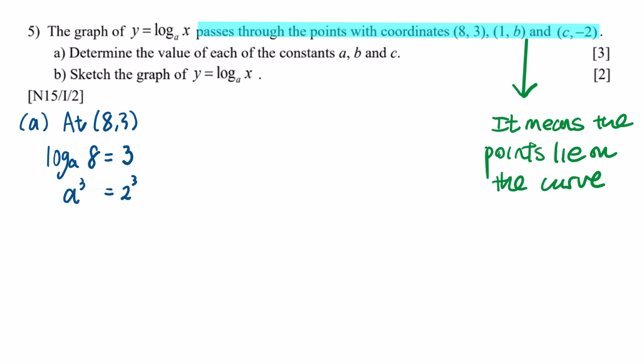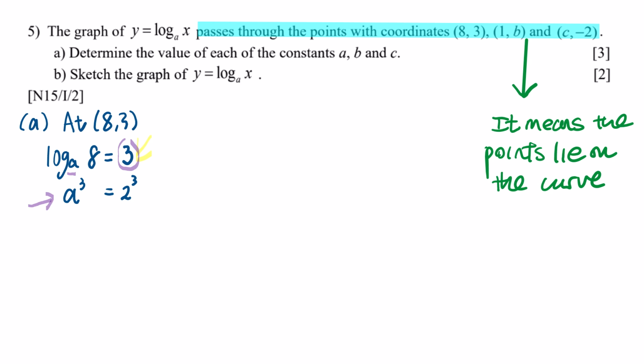Alright, how do I get that? So this is called the logarithmic form, and I can actually convert the logarithmic form into index form. First of all, identify the base of your logarithmic equation, which is a here, and a to the power of the answer equals 8.